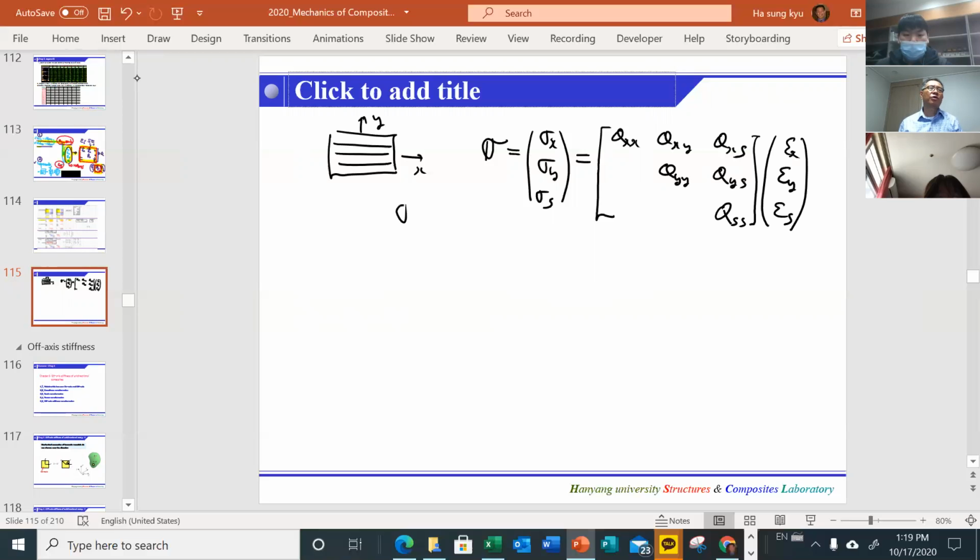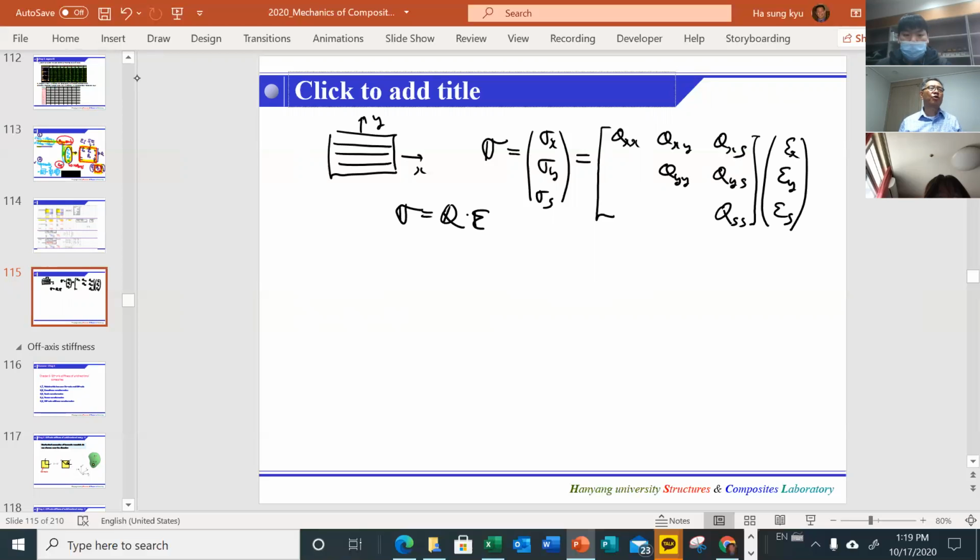So in short, we have the Q matrix and epsilon matrix. Again, Q and epsilon are all in on-axis coordinate system.